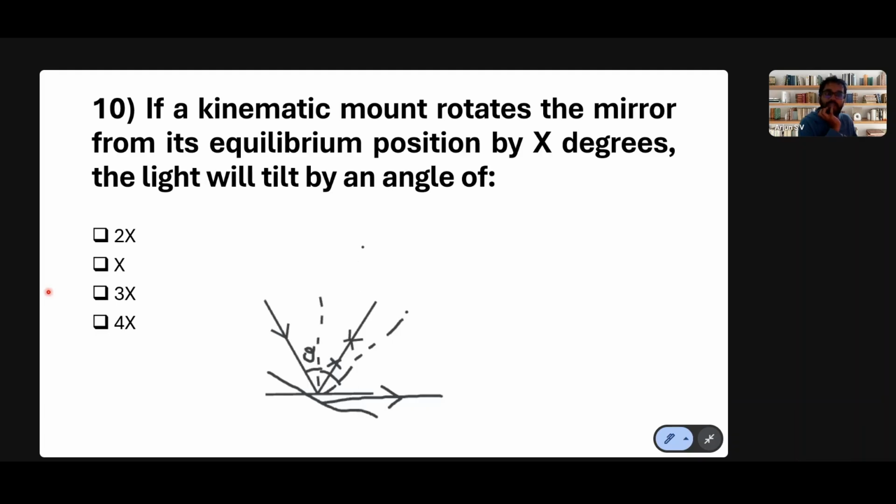So the difference between both the angles is 2 theta plus 2x minus 2 theta, so it will be 2x. So if the mirror is rotated by x degrees, the light will tilt by an angle of 2x. So the correct option here will be 2x.